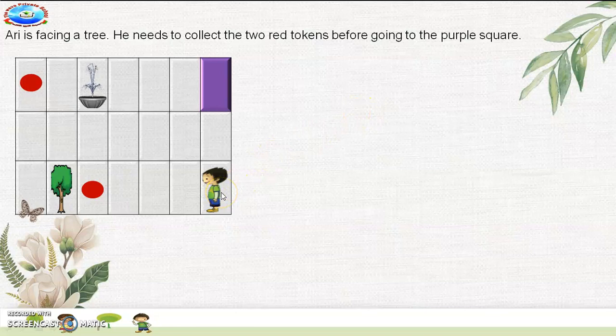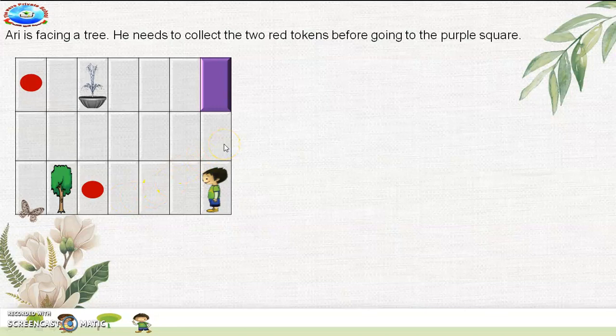Look at the picture here. Here you can see Ari, also the 2 red tokens and a tree, also a water fountain. And in this case, Ari needs to go to the purple square, but before that he needs to collect the 2 red tokens.